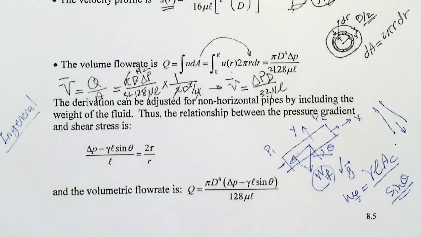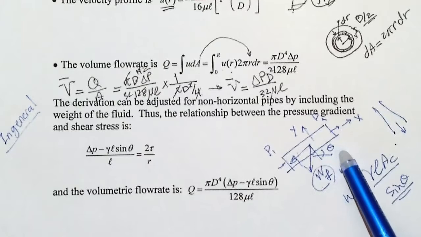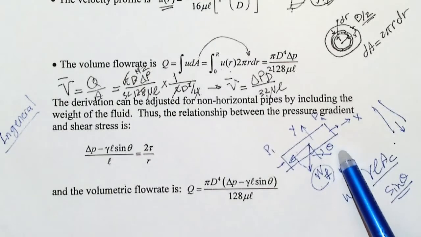If theta equal to 0 means that it's a horizontal pipe, so the effect is out, meaning the sine of theta is 0. If it's pi over 2, then the effect is the highest, the amount is gamma L, right? But if that's 3 pi over 4, it's going to be like this. It's less than pi over 2, it is going to be negative, the sine of theta is negative.